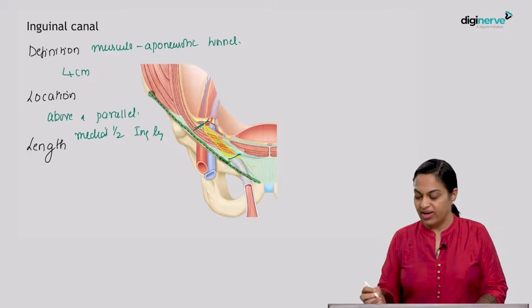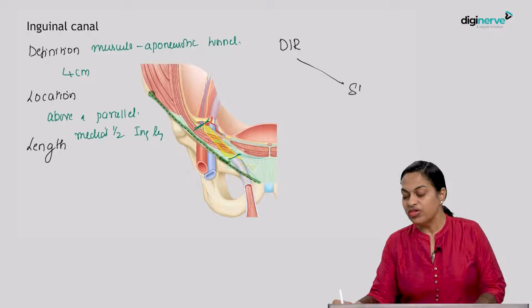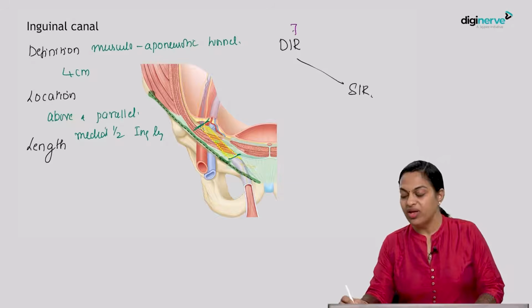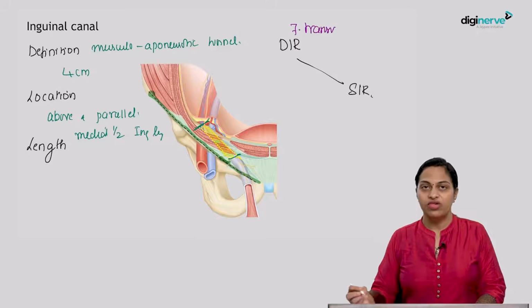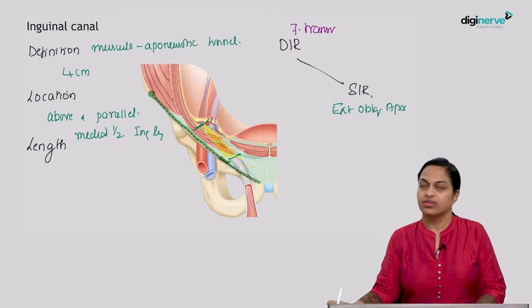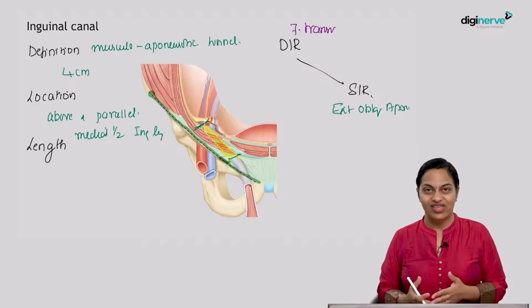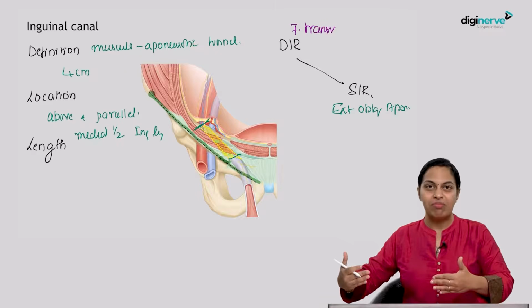This inguinal canal extends from the deep inguinal ring to the superficial inguinal ring. Now you can tell me, the deep inguinal ring is an opening in the fascia transversalis, and the superficial inguinal ring is an opening in the external oblique aponeurosis. This will help you understand that the superficial and deep inguinal rings are not in the same plane.